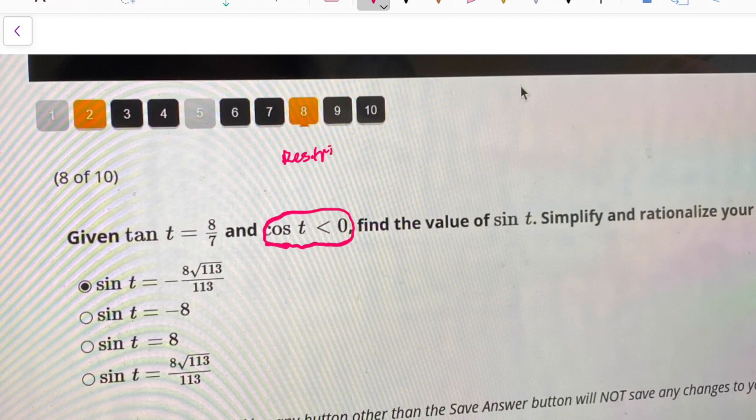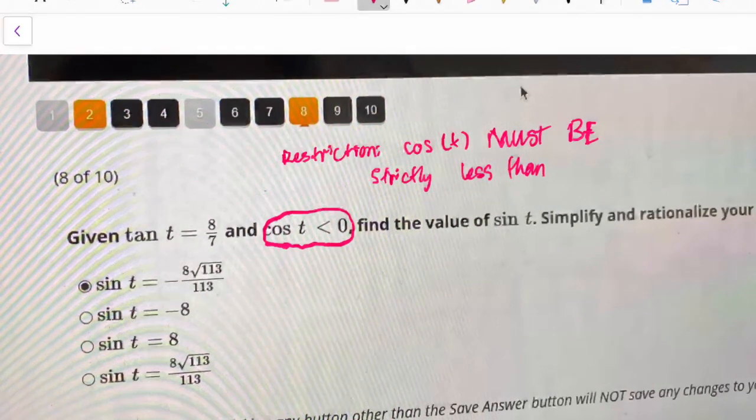The restriction is that cosine of t must be strictly less than 0. Okay, that means where cosine is negative.